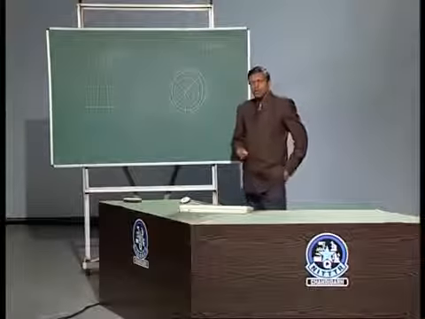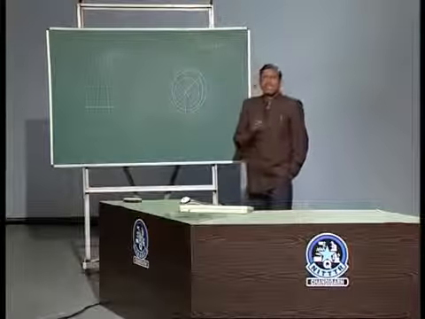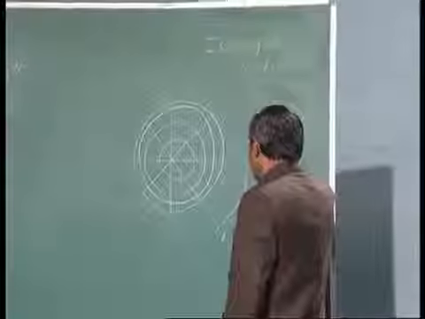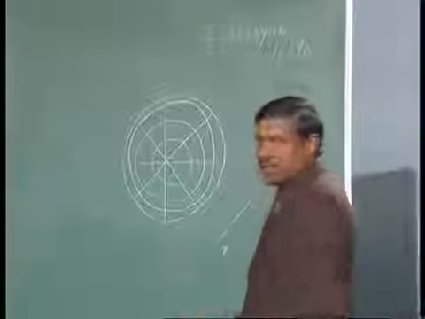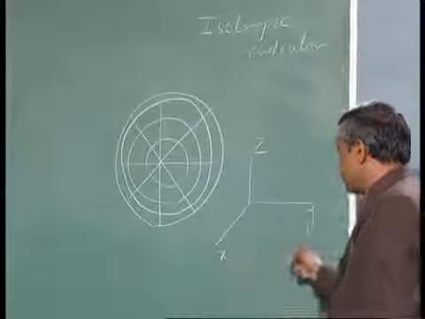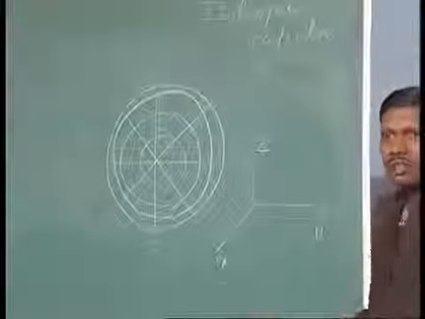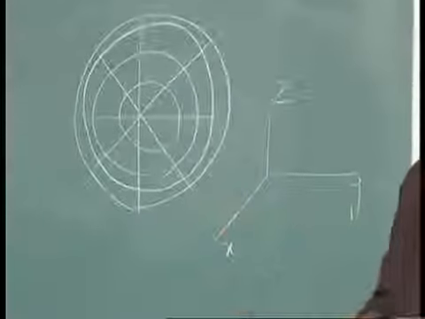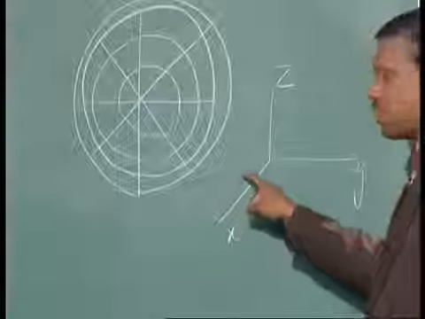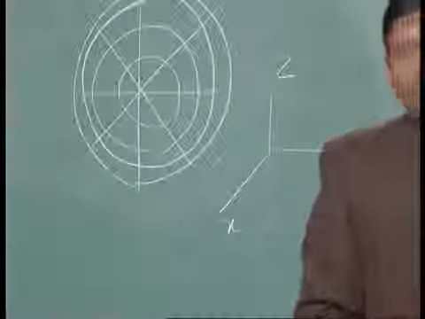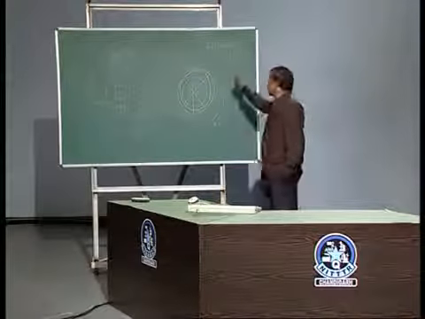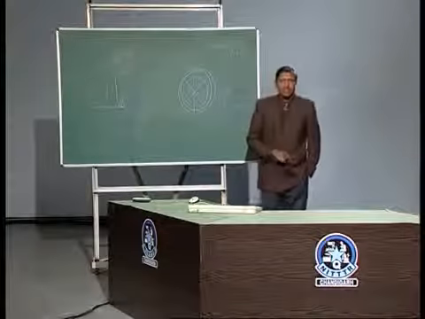For example, if a rectangular Cartesian coordinate system is considered, then we will have the xy plane, the yz plane, and the xz plane. If I take a radiation pattern in the xy plane, it should be uniform. If I take a radiation pattern in the yz plane, again it should be a uniform distribution. If I take a radiation pattern in the xz plane, it should also be a uniform distribution. If all the 3 planes give uniform radiation, then it is called an isotropic radiator.